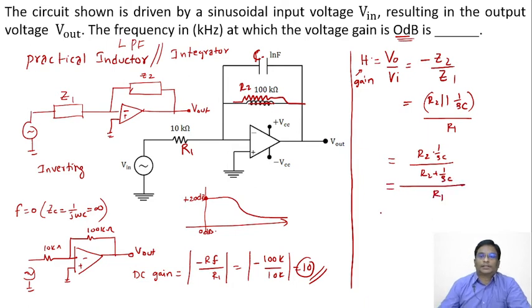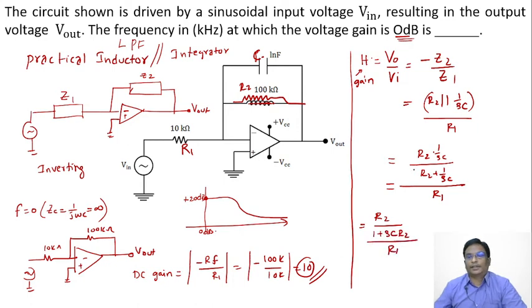Rearranging, this can be written as R2 by 1 plus SCR2, divided by R1. So it is R2 by R1 divided by 1 plus S into CR2, with a minus sign.